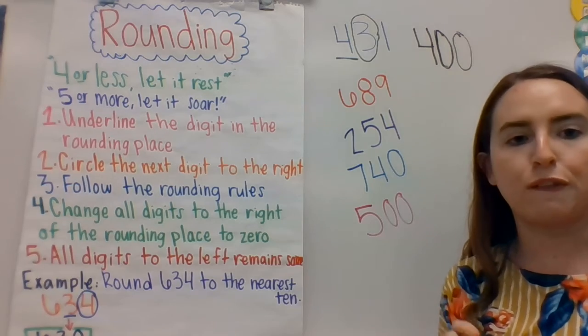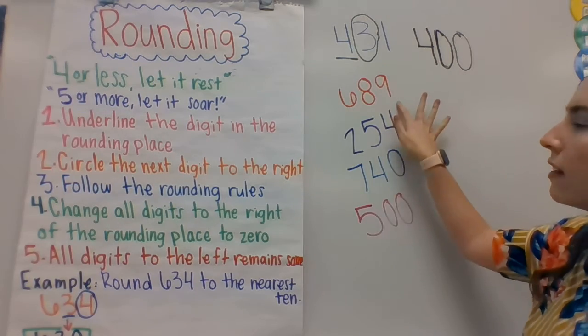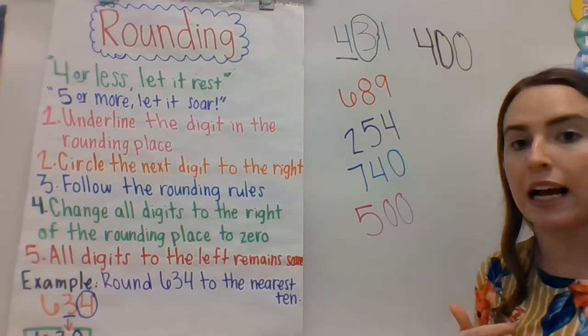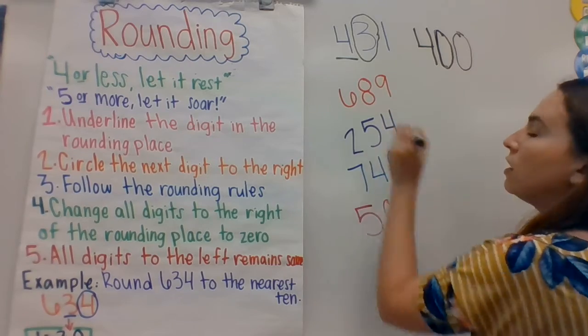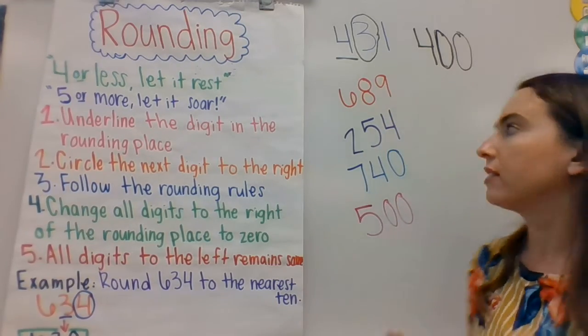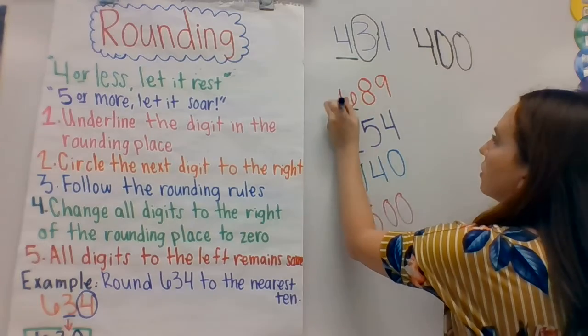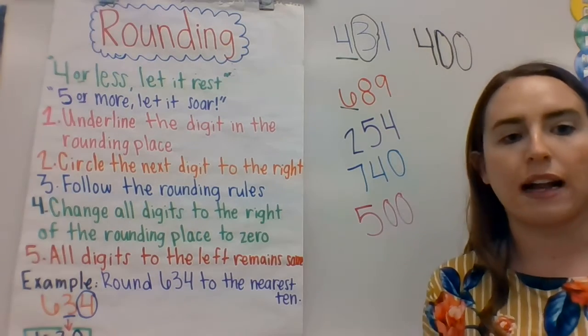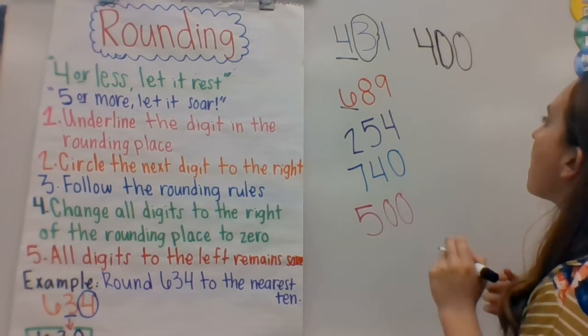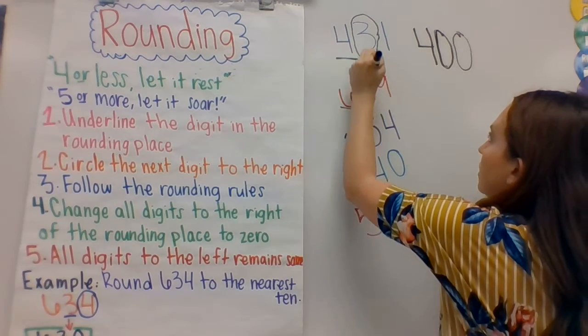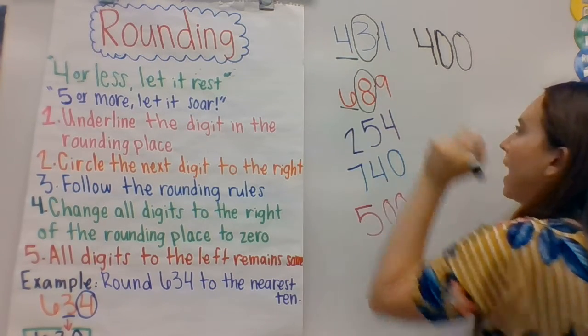All right, so we're going to do a few more examples. So the next example is 689. So remember, the first step is, I know I'm rounding to the nearest hundred, so I'm going to underline the 6 because I know that's in the hundreds place. And then I'm going to circle the digit to the right, which is an 8.